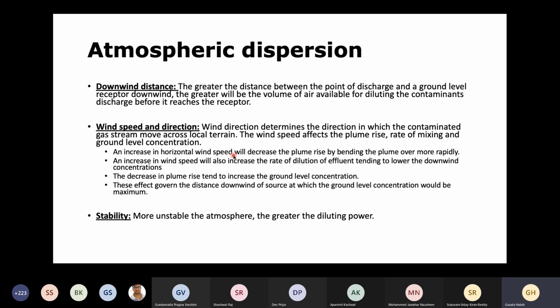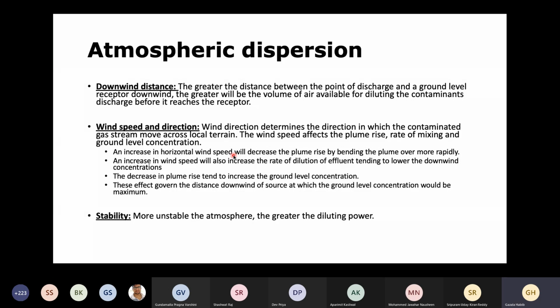If the wind speed is low, or the atmosphere is stagnant, a calm condition, then what will happen? The pollution will not disperse quickly. It will remain in the atmosphere and slowly travel. Therefore, the concentration at the downwind side would probably be higher than in the first case.